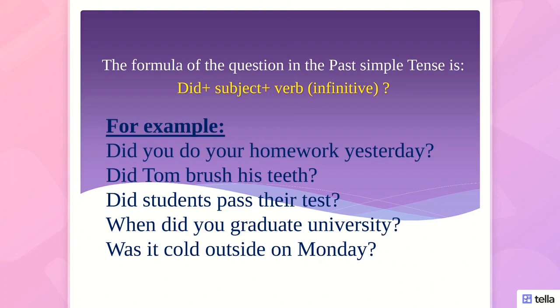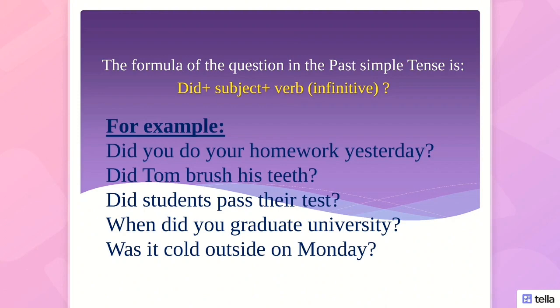And there is one more special thing about questions in the past tense. If our question doesn't have an action in it, then we have to use was or were instead of did. So if there is an action, we use did.